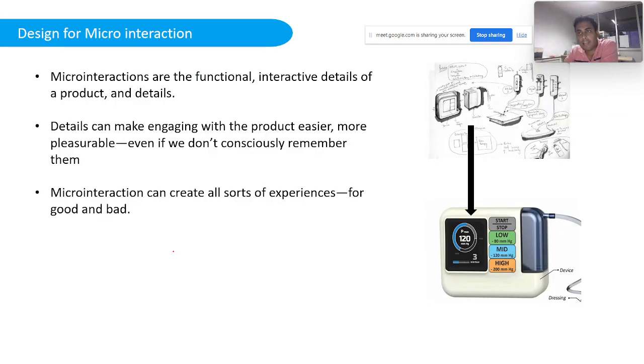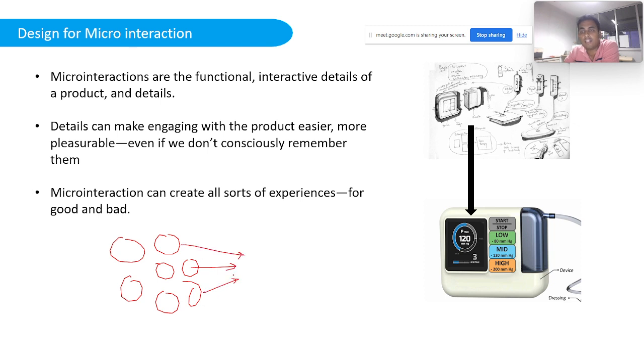Okay, so once we have generated a bunch of ideas, the next step is to select a few of them and start detailing them out, to see how we can achieve a particular need that the user or stakeholder is looking for.